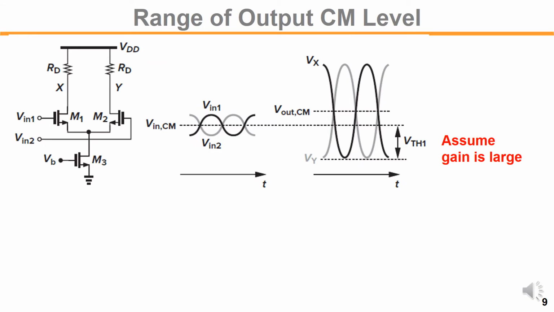We can also calculate the range of the output common mode level. In this derivation, we assume that the signal gain is large, so the input to this differential circuit is very small. So for the given input common mode level, we know that M1 and M2 will stay in saturation.